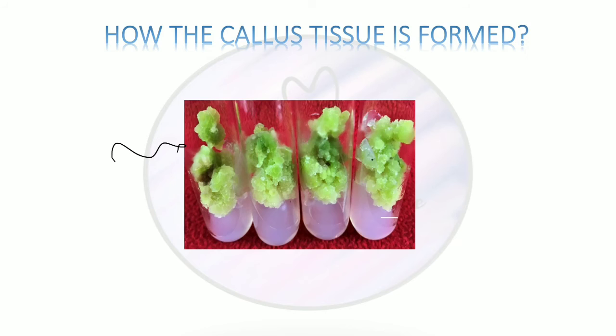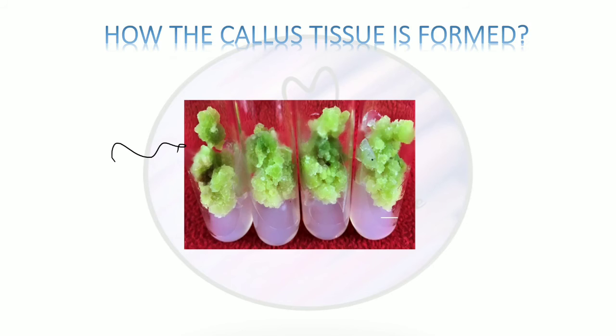Functionally coordinated plant cells, or mature cells, have structural integrity, but this organization is completely lost when callus tissue is formed. This basically happens under the influence of exogenously supplied phytohormones. So this is how the callus is formed.